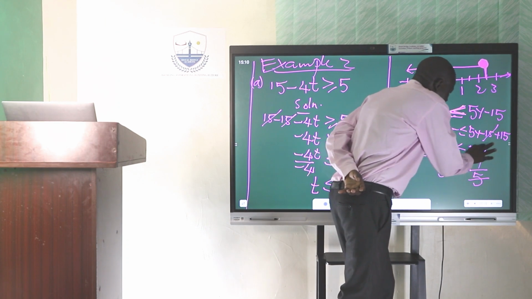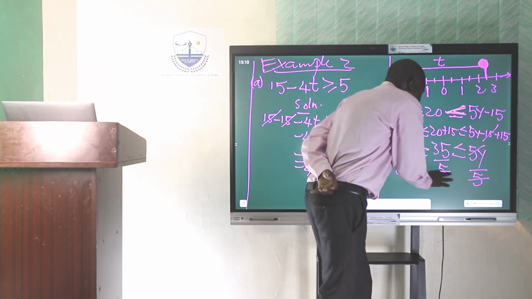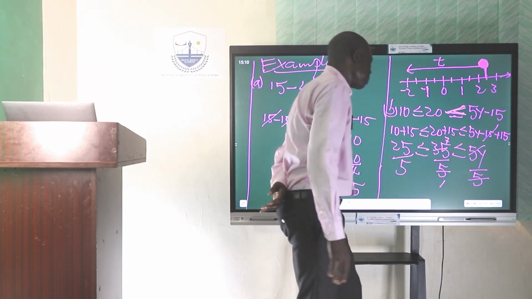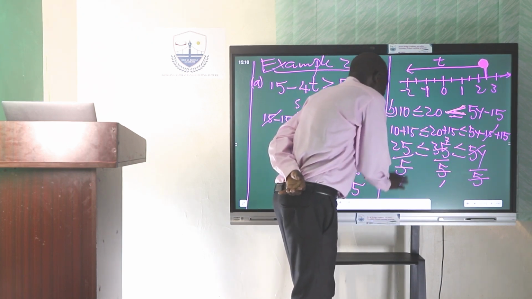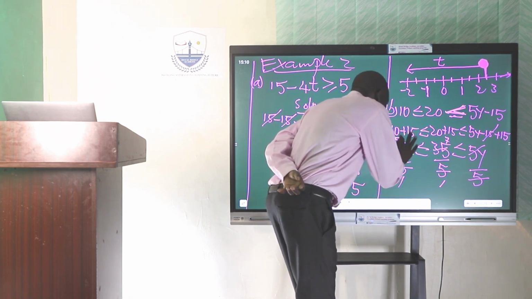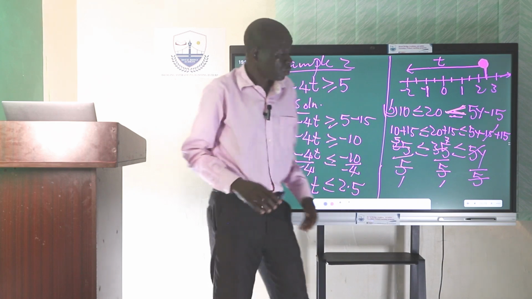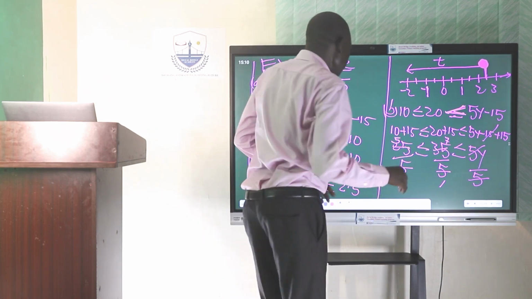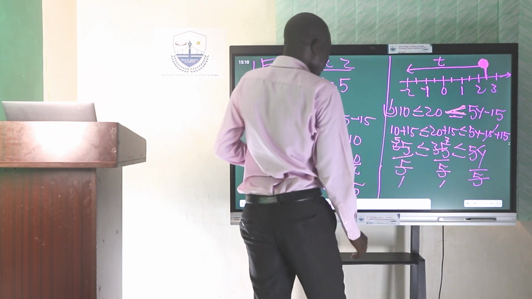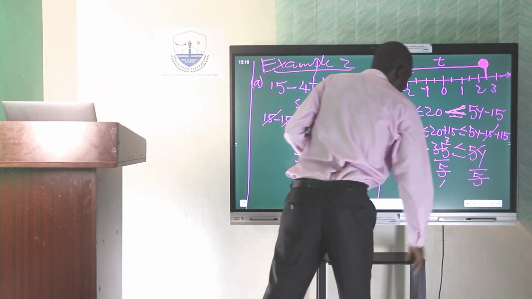The 5s will cancel. 35 by 5 is 7. 25 by 5 will get to 5. So the answer will now be 5 is less or equal to 7.